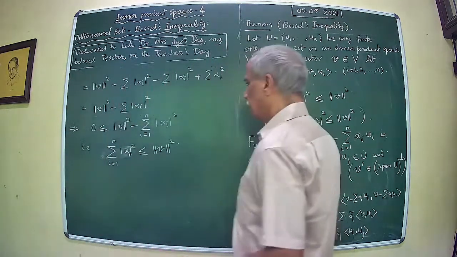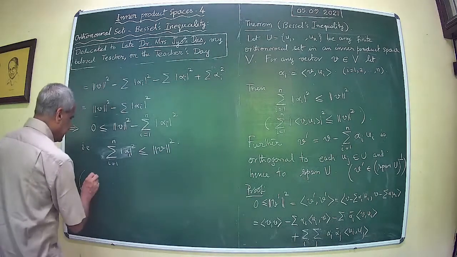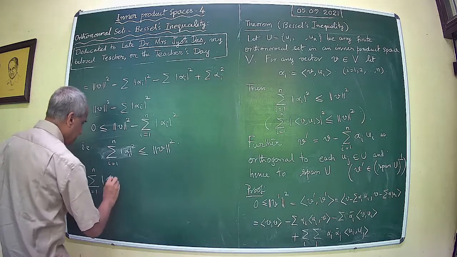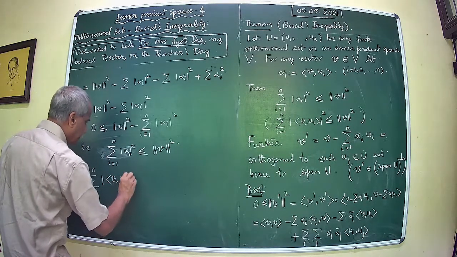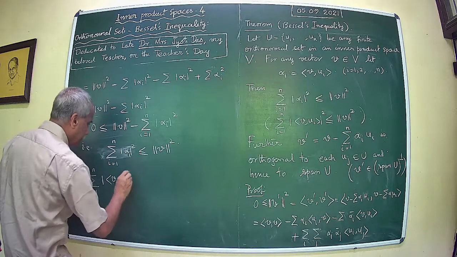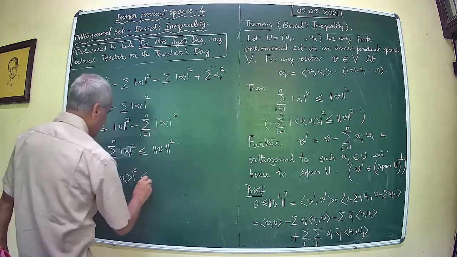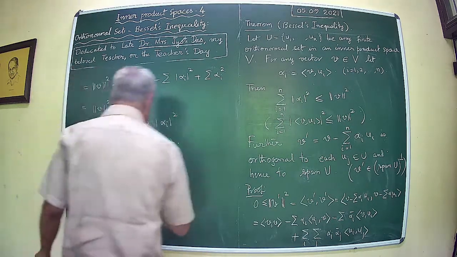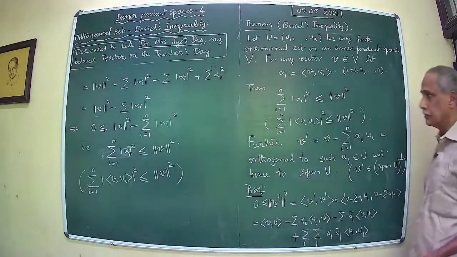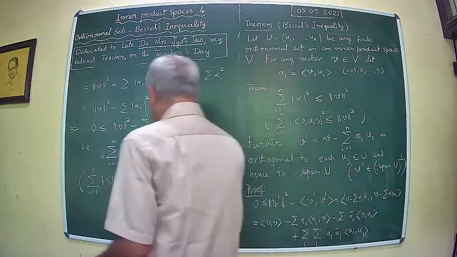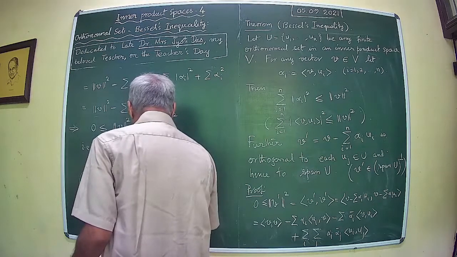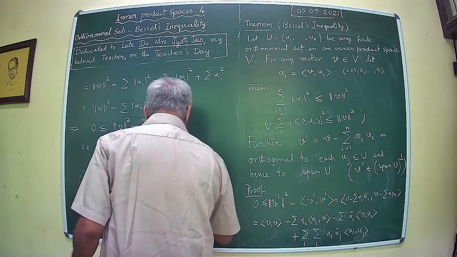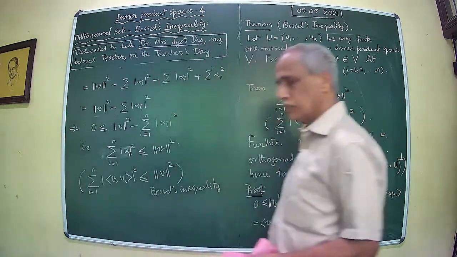This is true for any v. That is, in terms of the inner product, the sum from i equal to 1 to n of mod inner product of v with ui squared is at most the norm of v squared. So this is the famous Bessel's inequality. This is true for any orthonormal set.